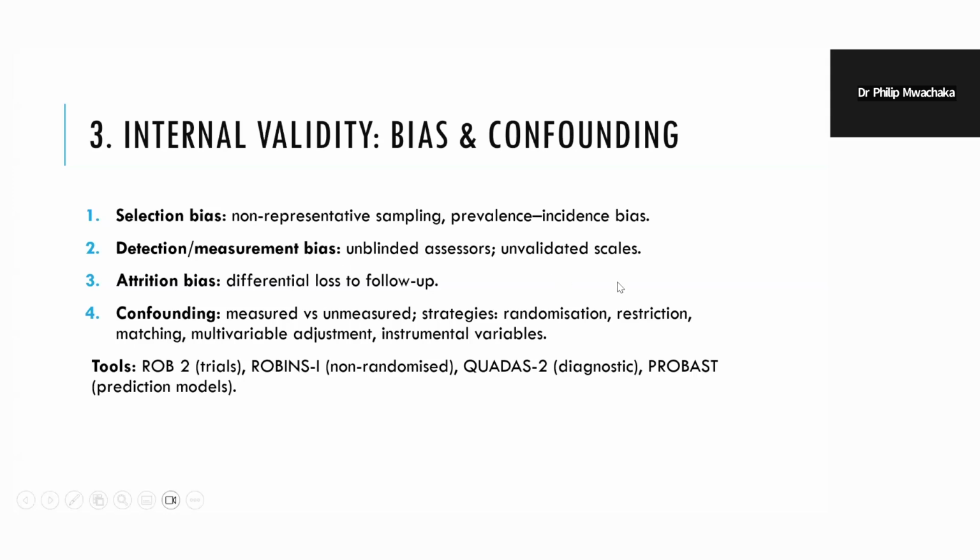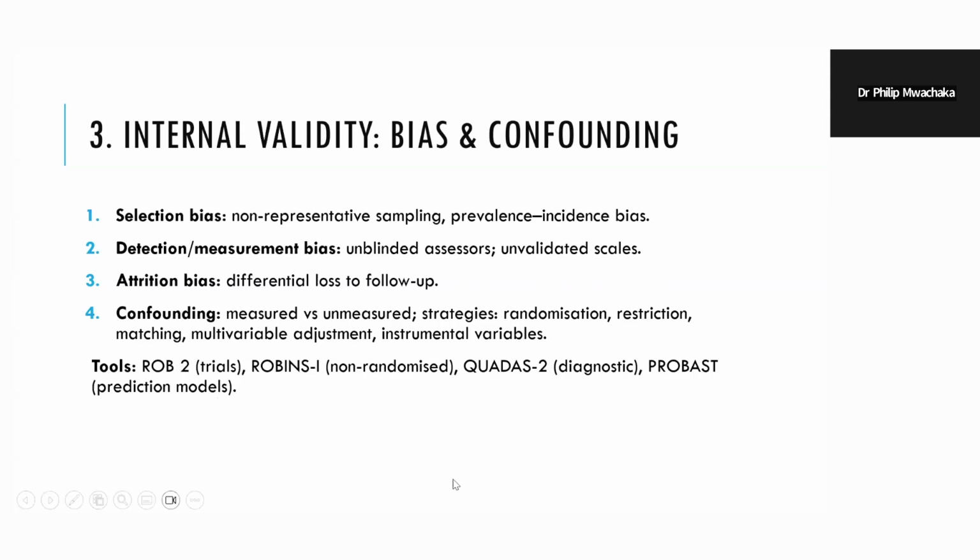And if you're using unvalidated scales, so scales that have not been used in previous studies and have not been validated. The other issue is attrition bias, basically differential loss to follow-up. If it is so severe that you have patients lost to follow-up in a certain arm of the study, that can really introduce a lot of bias.